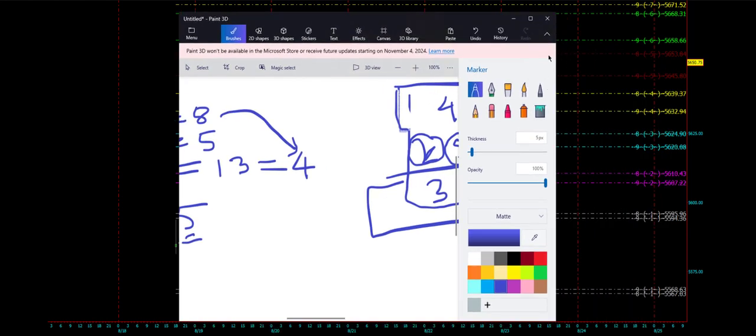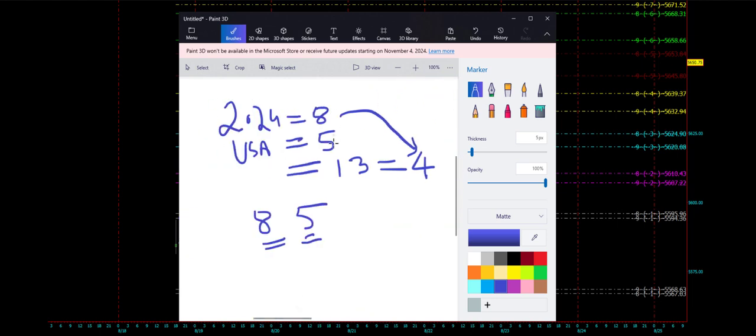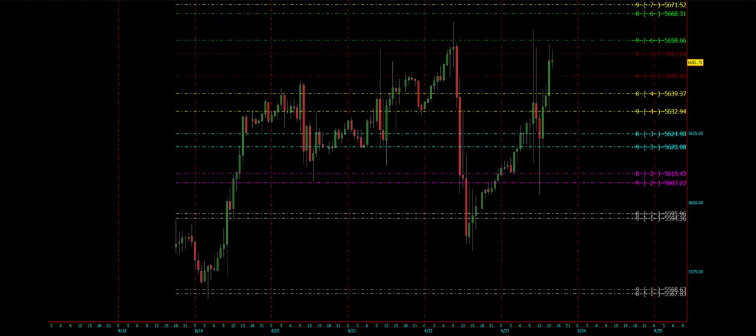So going back to this scenario, 8 and 5 are always active. So we will say, okay, 8 and 5 is 13, which is 4. So 4 and 8, maybe something is going on at that number. If I divide 8 by 1, it is still 8.